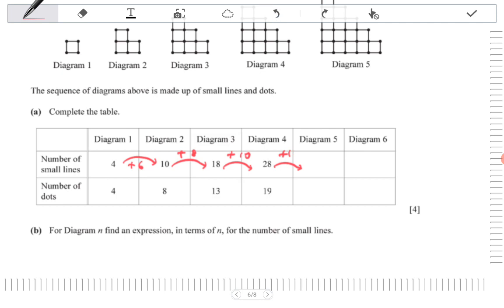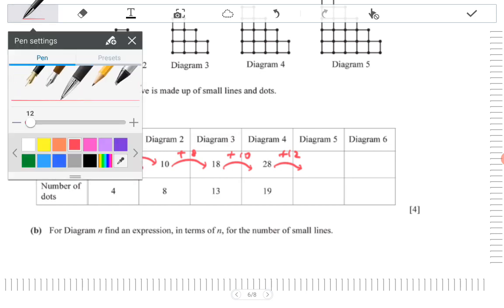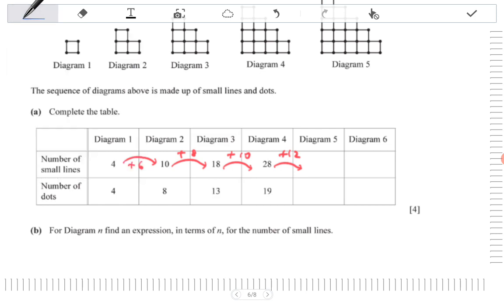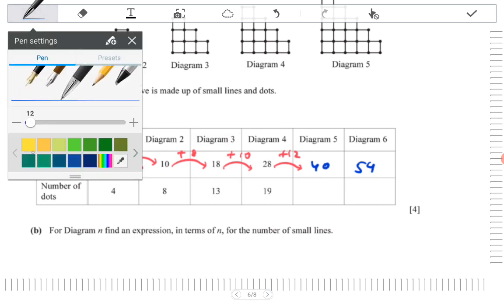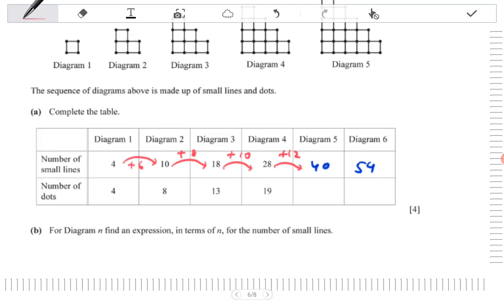And you can confirm by counting the number of line segments on the original diagram, and I hope it would definitely come the same. So it should be 40, and the next should be 54, because the same formula should be carried forward to the next term as well.